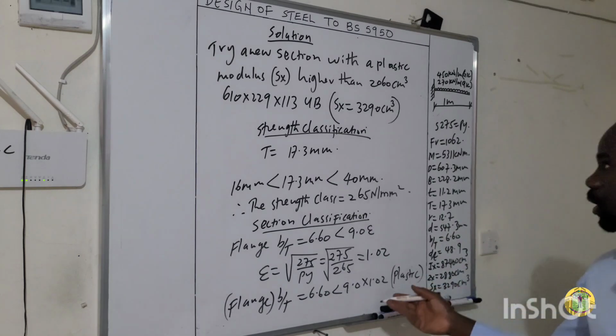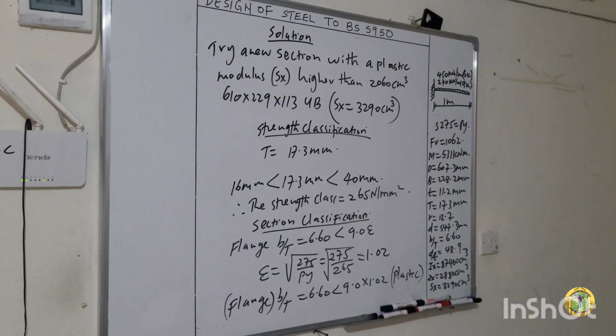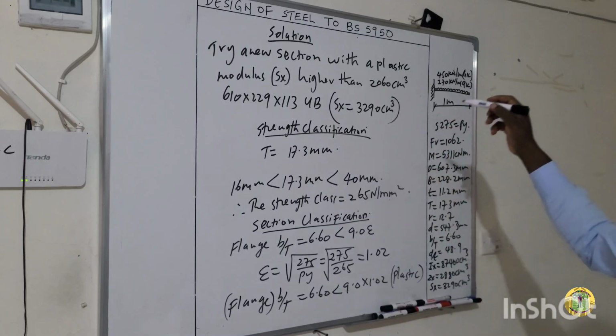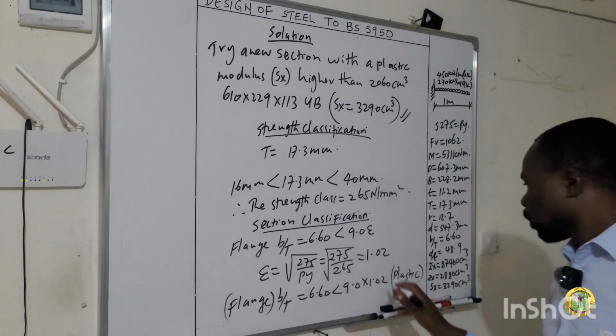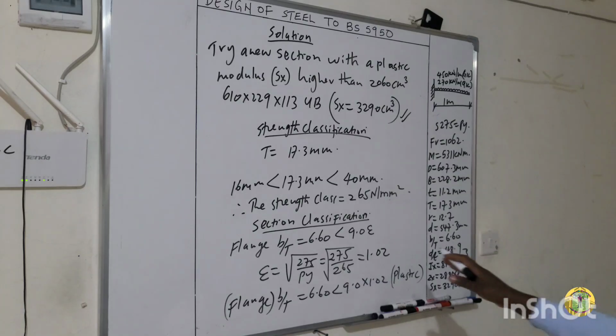I think I'm just repeating what I've done before, but here it is for a new section. I'm doing it for the new section because our first section failed. So I won't be going deeper into this because it is just a reflection of what I have done.